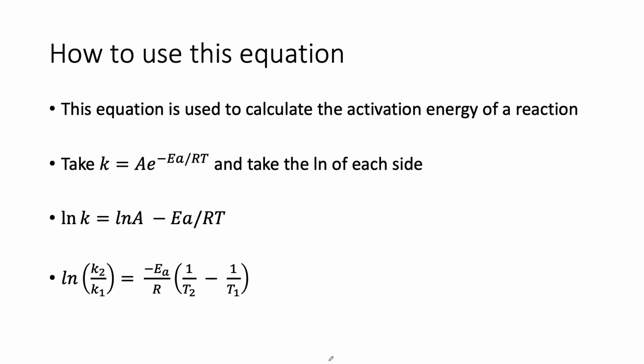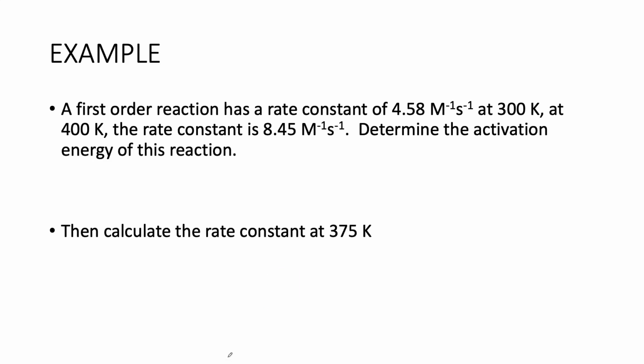Now the next one we're going to look at, we did this in class. I'm going to use this equation to solve the problem. And so what we have is activation energy.